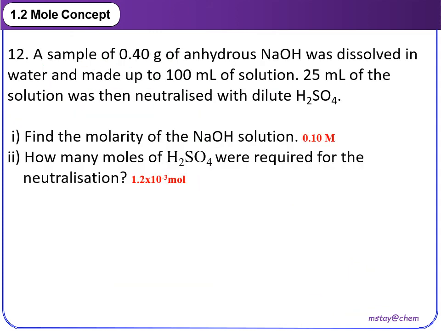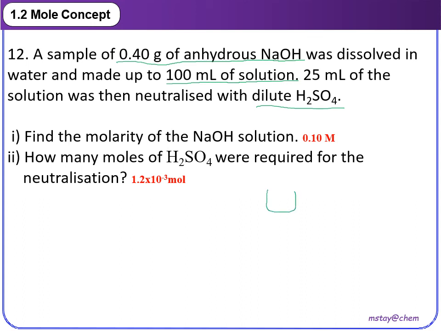Okay, now we continue with the last question in tutorial. A sample of 0.4 gram anhydrous NaOH was dissolved in water and made up to 100 ml solution. Then 25 ml of the solution was then neutralized with dilute H2SO4. So basically we get the idea first.